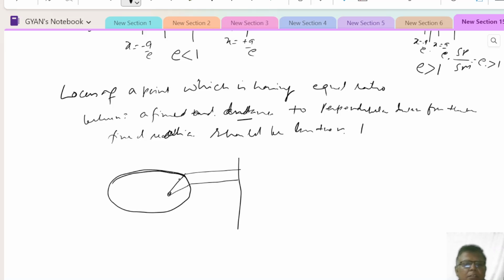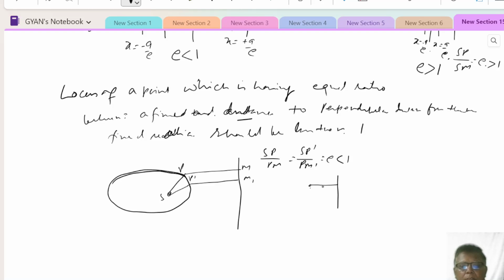So here suppose these are P, P1, M, M1. So SP by PM is equal to SP dash by PM dash is equal to e, which should be less than 1. And here also suppose this is the point.